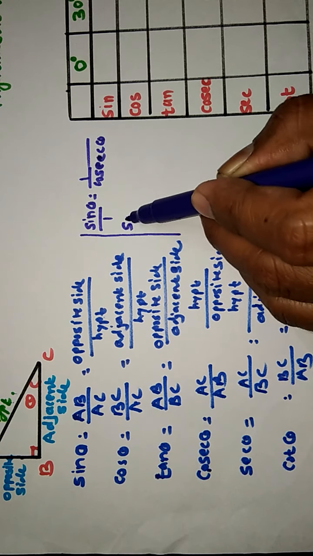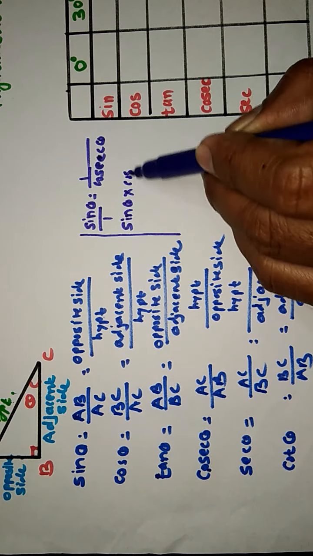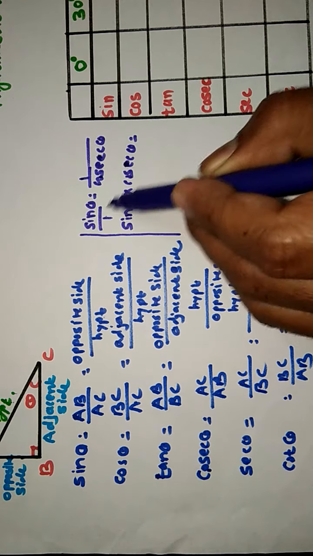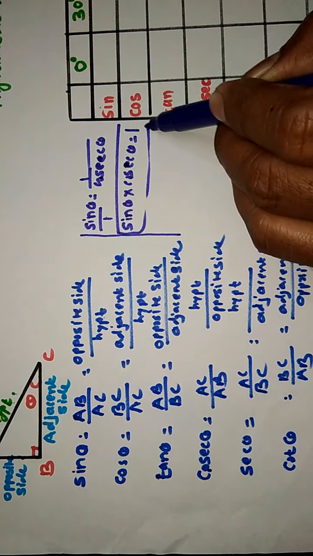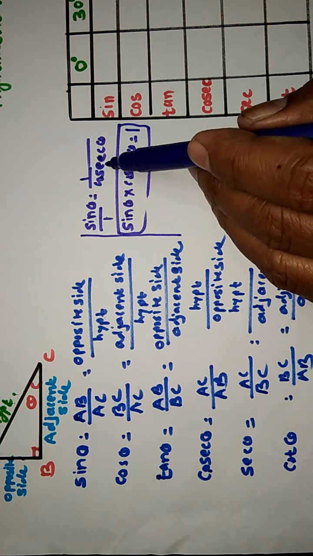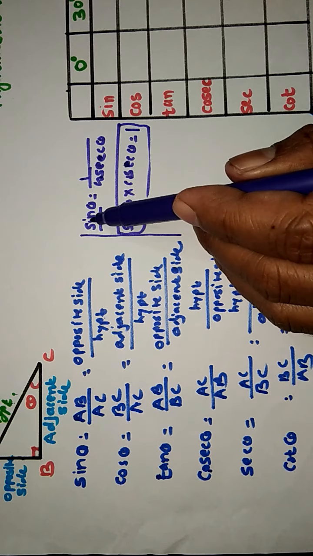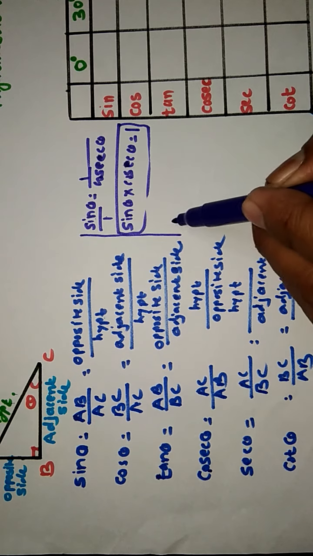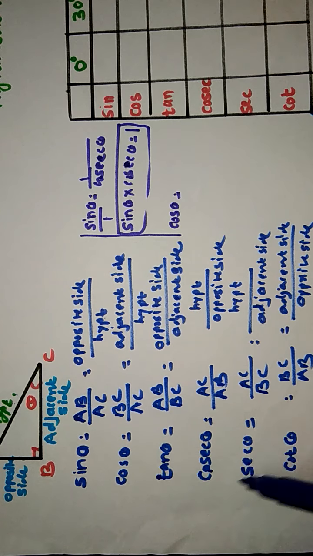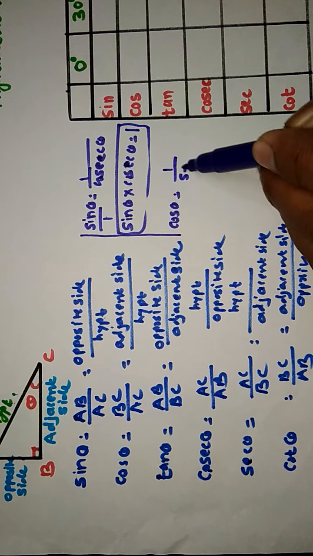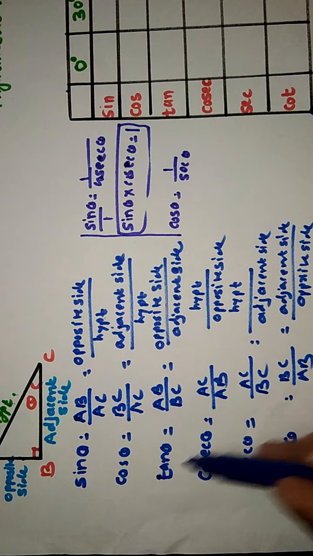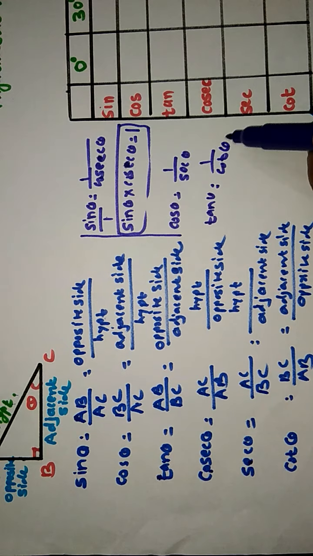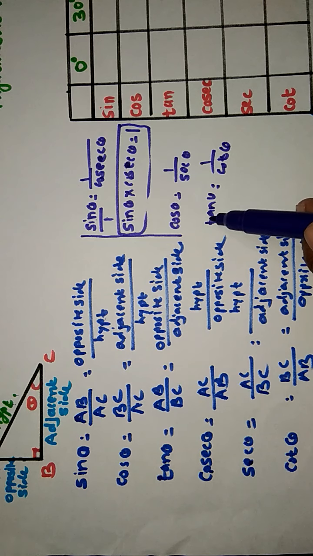By cross multiplication, we get sine theta into cosec theta equals 1 into 1, means 1. The first identity, sine theta is the reciprocal of cosec theta, or cosec theta is equal to 1 upon sine theta. In the same manner, cos theta is the reciprocal of sec theta. Tan theta is the reciprocal of cot theta, or cot theta is the reciprocal of tan theta.